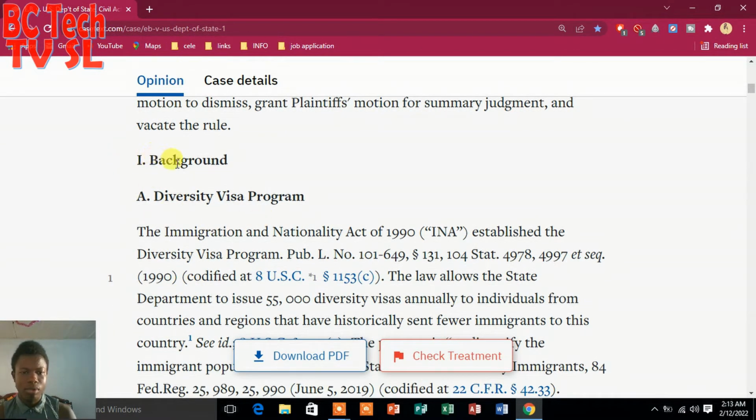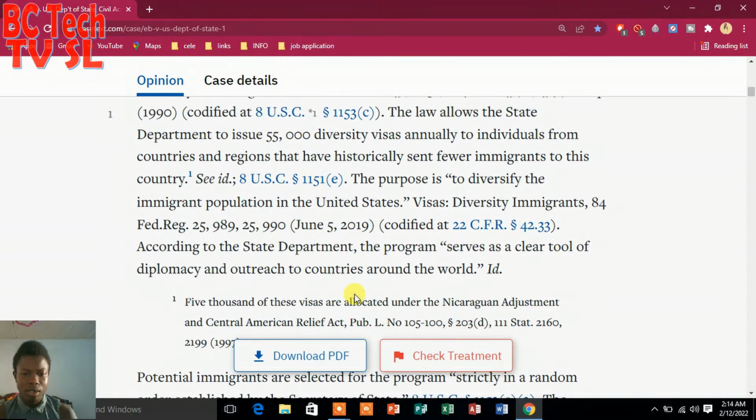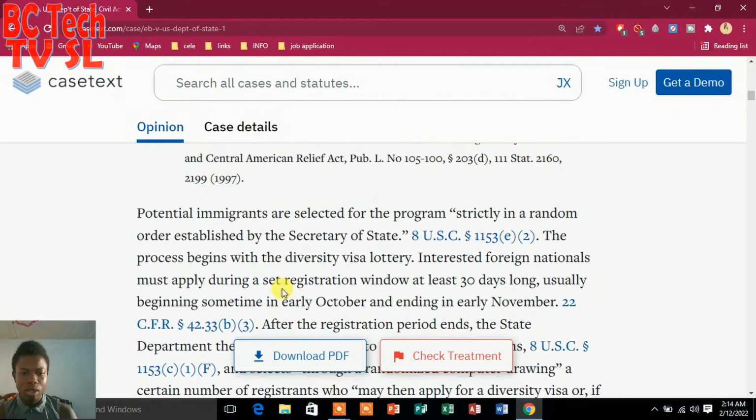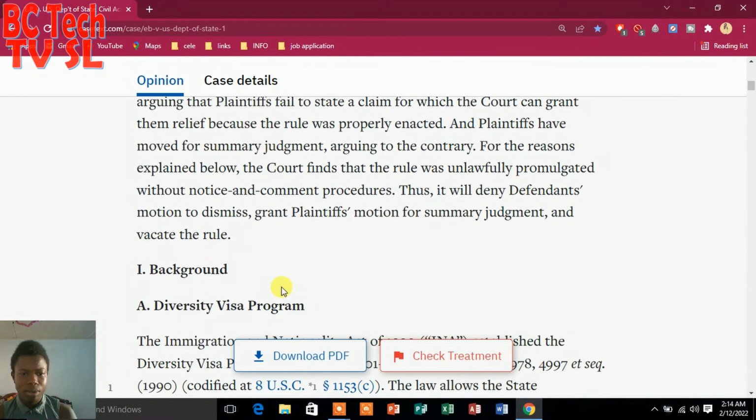These are the things you need to have, the rules that will apply. Let me just find the heading for you.